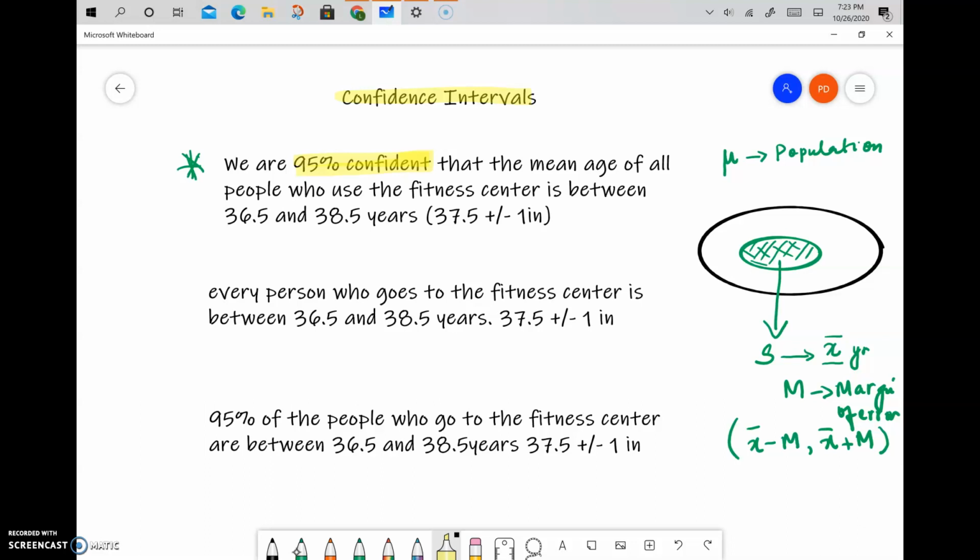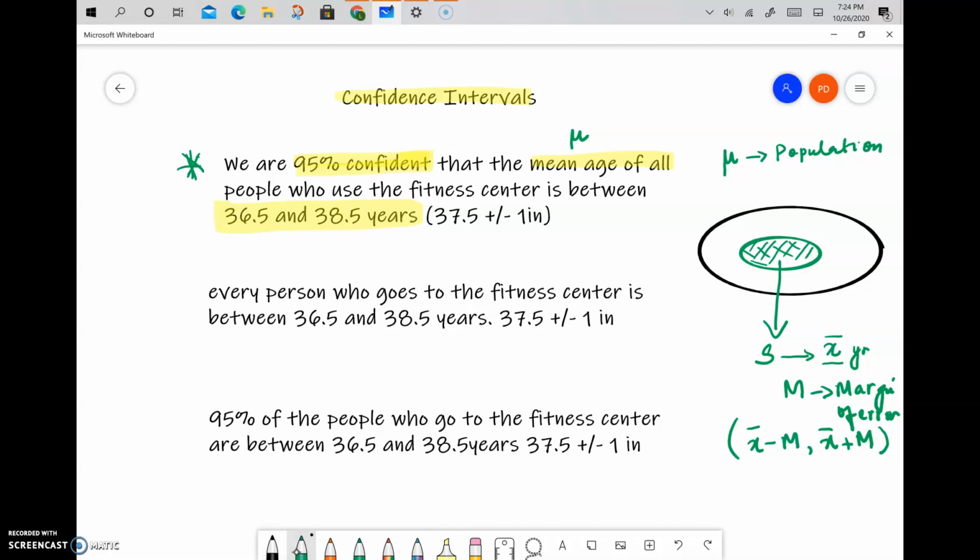So we're 95% confident that the mean age of all people who visit the fitness center, that mean age is really mu, we're not talking about a sample, is between, and this is exactly the range of values, we're saying that our mean lies somewhere between those two numbers.